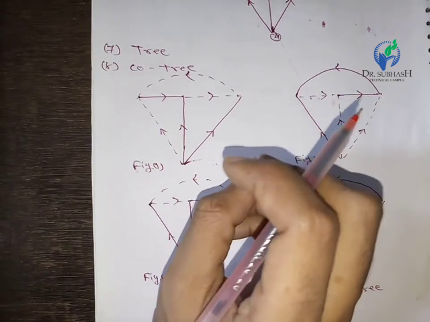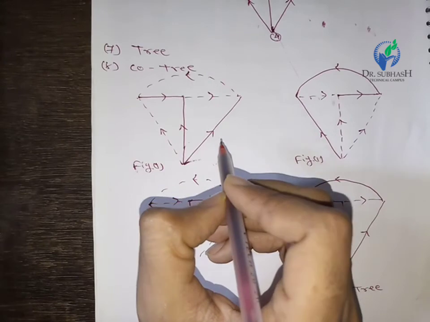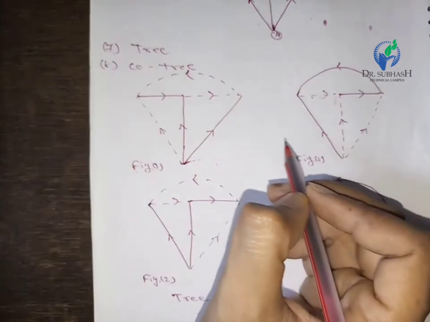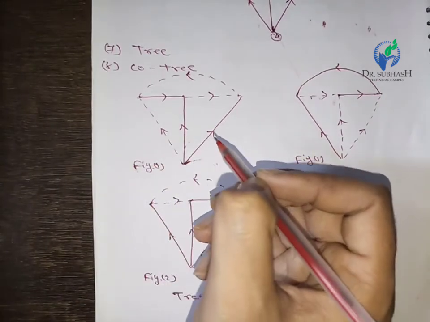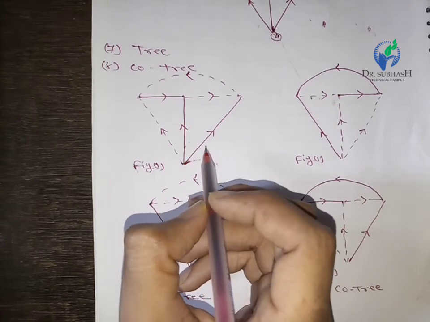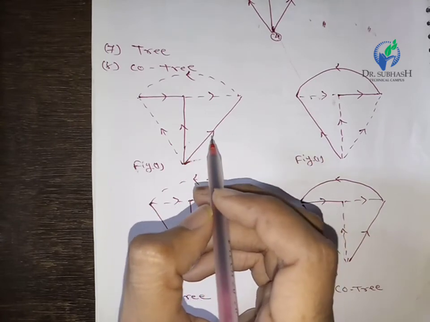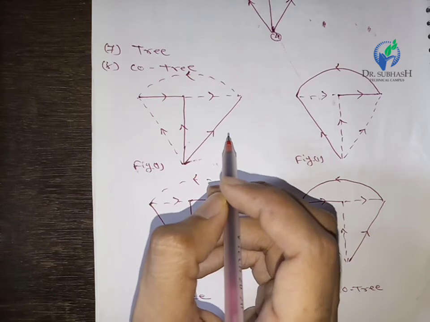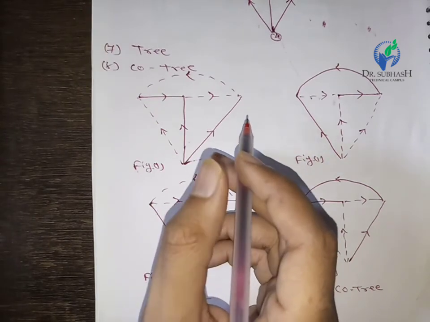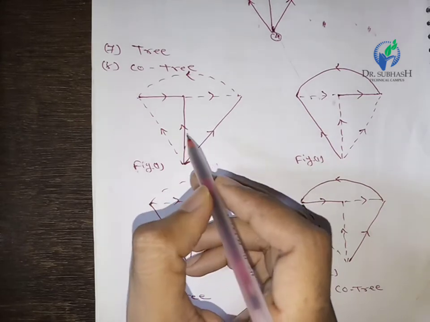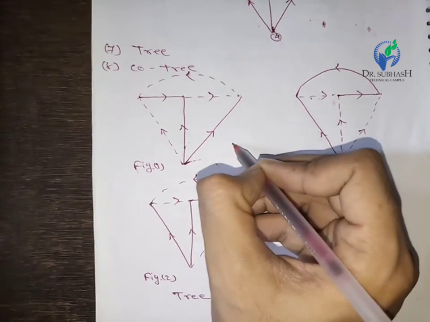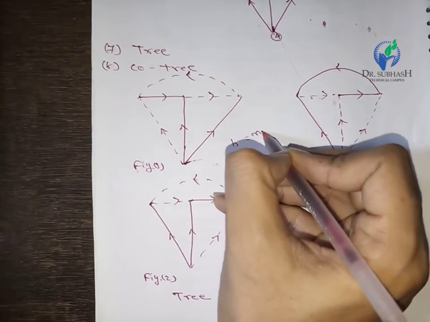A tree has n minus 1 branches, where n is the number of nodes of the graph. The branches of a tree are called twigs. The remaining branches of the graph are called links or chords. The number of branches required for the tree, known as b, is equal to n minus 1.